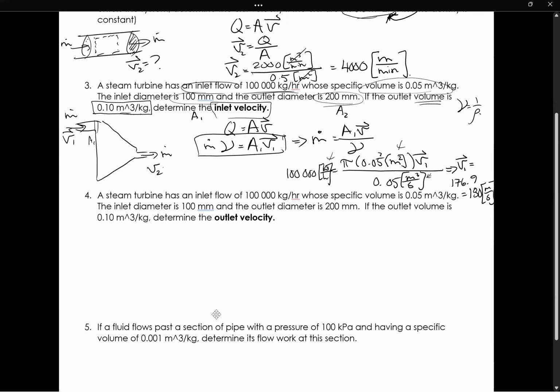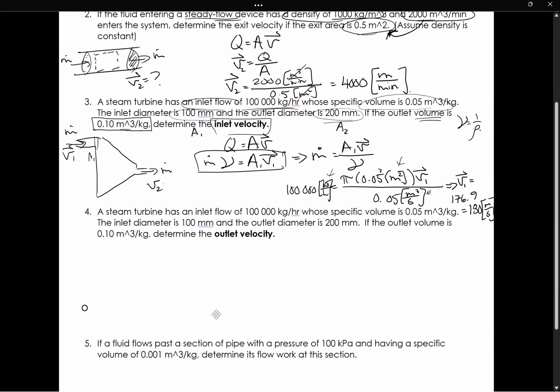Here's another one. It's the same question, same variables, but this one says, what is the outlet velocity? Well, I'm going to do the same thing. Q equals m dot v. Q equals m dot v2.